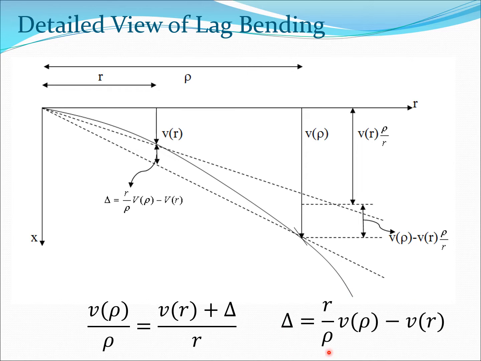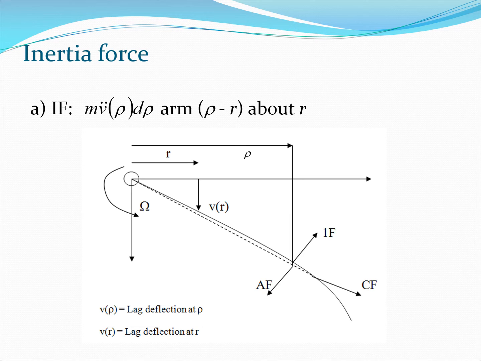Why we are interested in this delta is because the centrifugal force is going to act at a certain point here, and the moment arm for this centrifugal force is going to be given by this value delta. So let's look at each of these forces separately and look at the moment arm. We are doing this because our objective is to get the moment at radial length r.